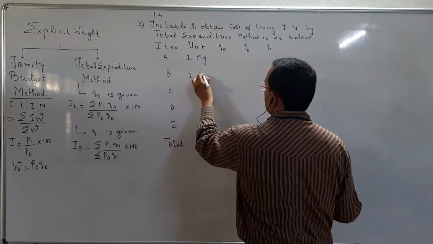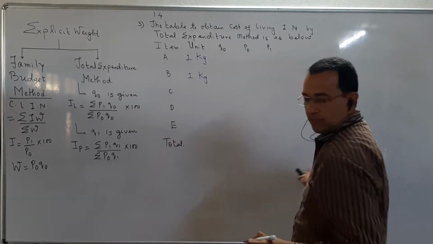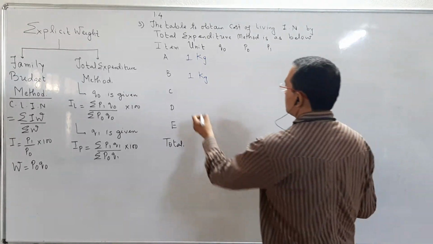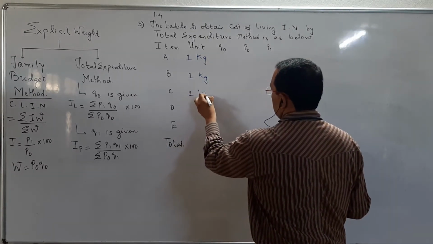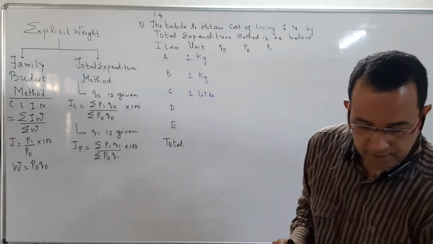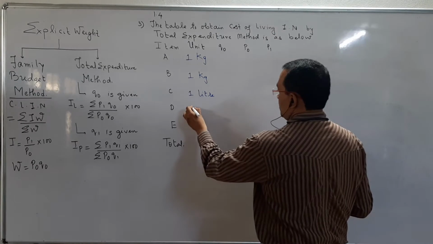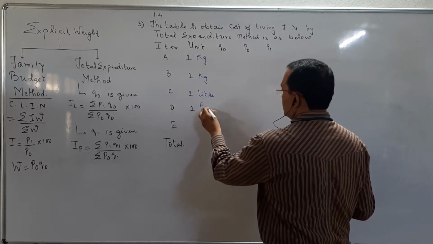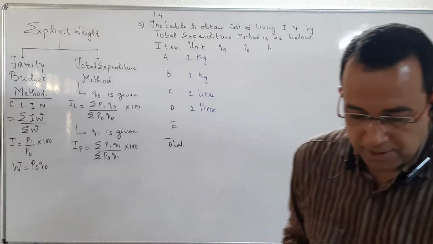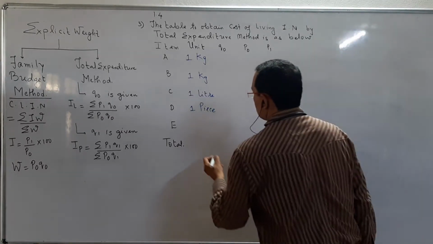So the smallest unit is 1 kg. Then 10 liter, it is multiple of liters, so 1 liter. Then item D dozen, 1 dozen is 12 piece, so it is a multiple of piece, so 1 piece. And for E it is meter, so 1 meter.